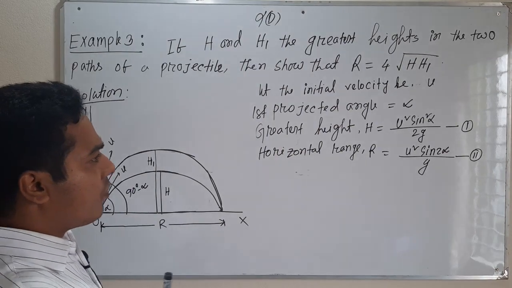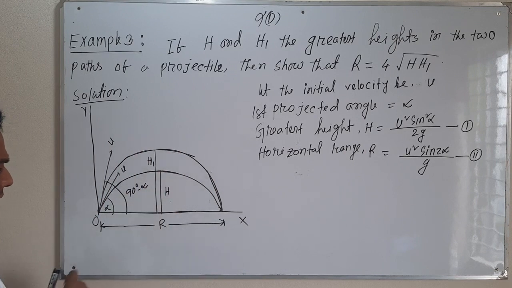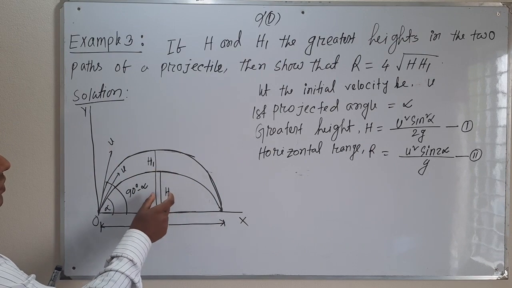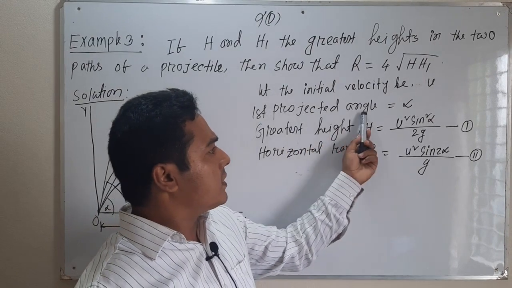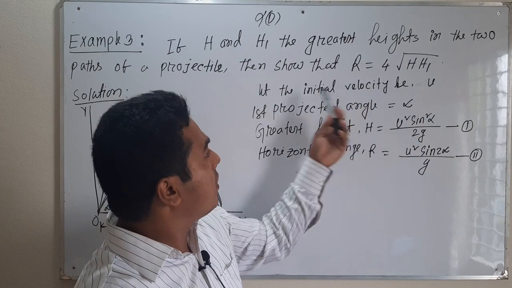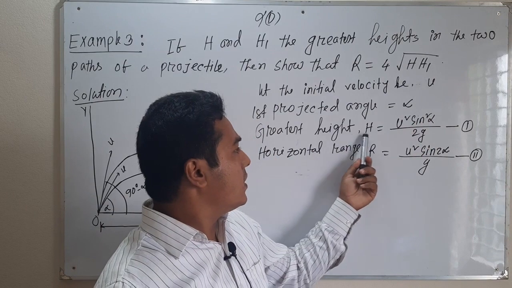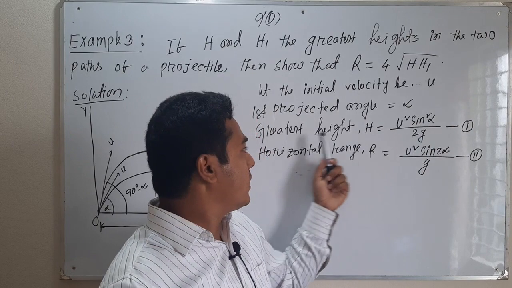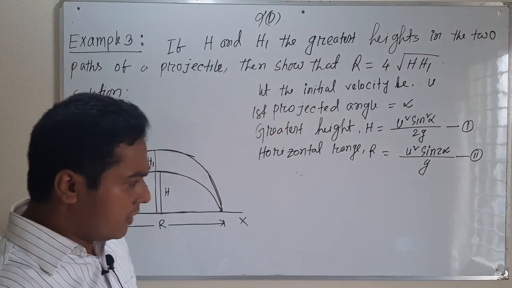If one angle is alpha for h, the initial velocity is u, so the greatest height h is equal to u square sin square alpha divided by 2g, because the initial velocity for both paths is u. The horizontal range r is equal to u square sin 2 alpha divided by g.